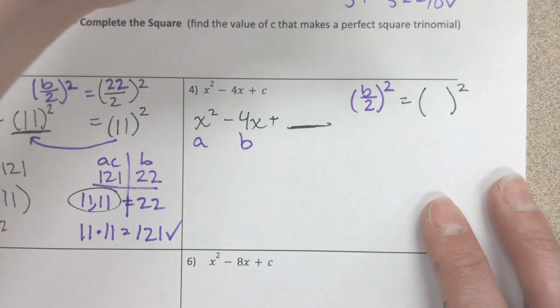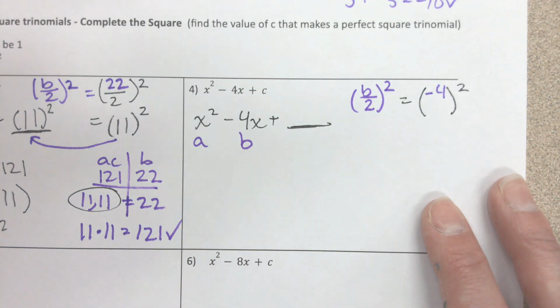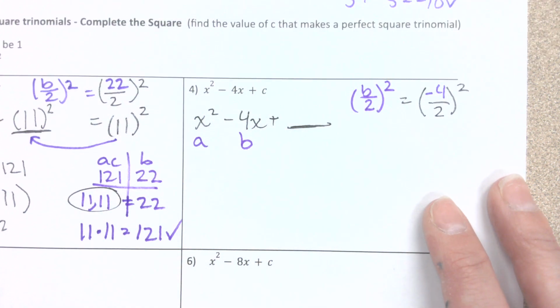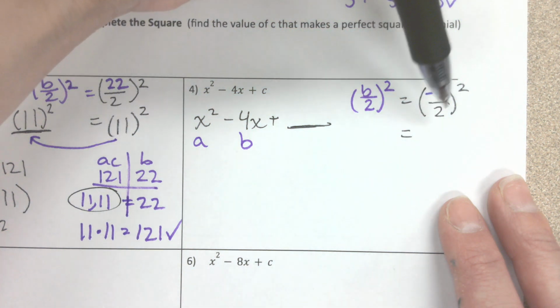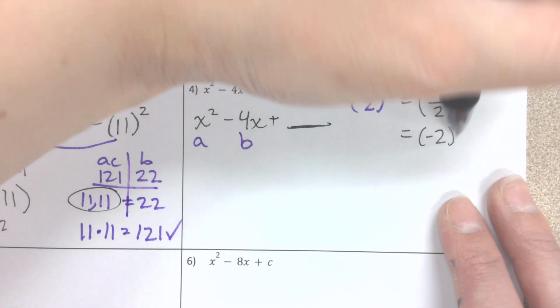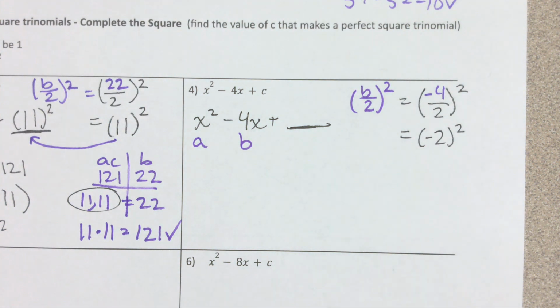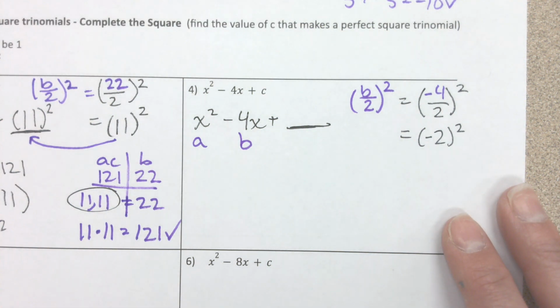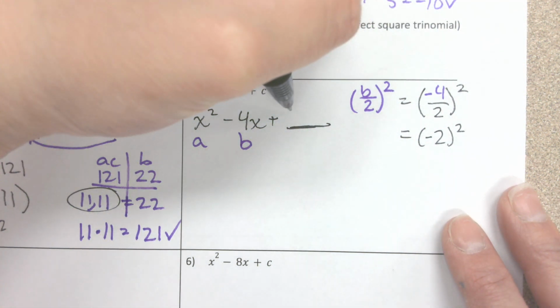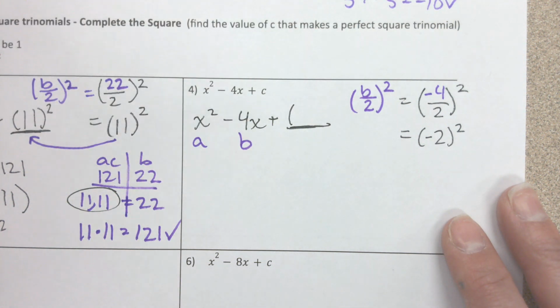B is negative 4 over 2. Negative 4 over 2, that's negative 2 squared. Keep the negative. Just lose it in the square thing? Not on this problem. But in an equation, yes.